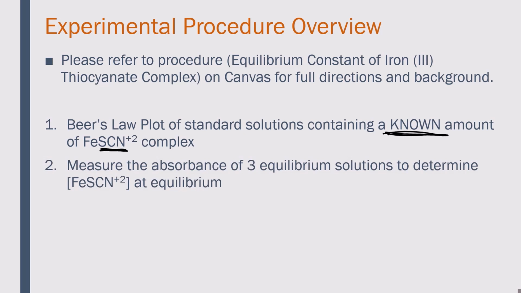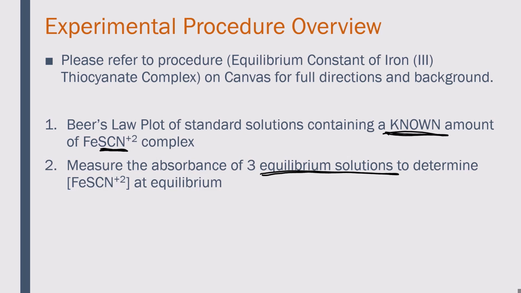The next part of the experiment has you measuring the absorbance of 3 equilibrium solutions to determine the concentration of the complex at equilibrium. When we say equilibrium solutions, we mean that the concentrations of iron and thiocyanate are going to be much closer in order of magnitude.